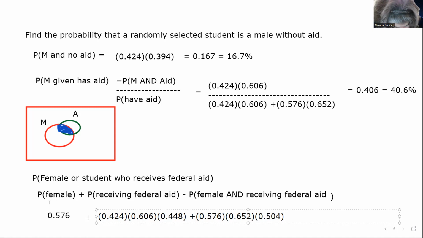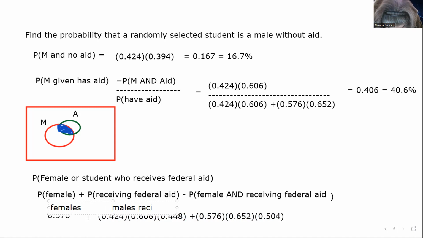This is female. Then I have, this is males receiving federal aid, right?